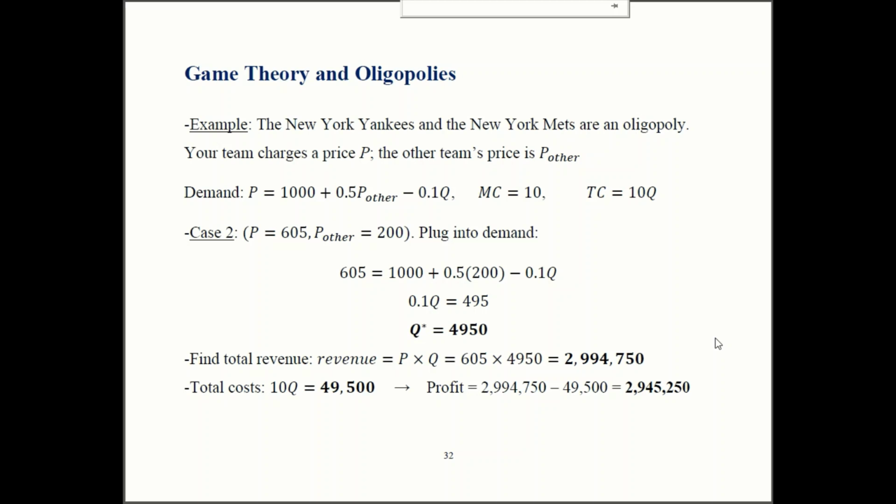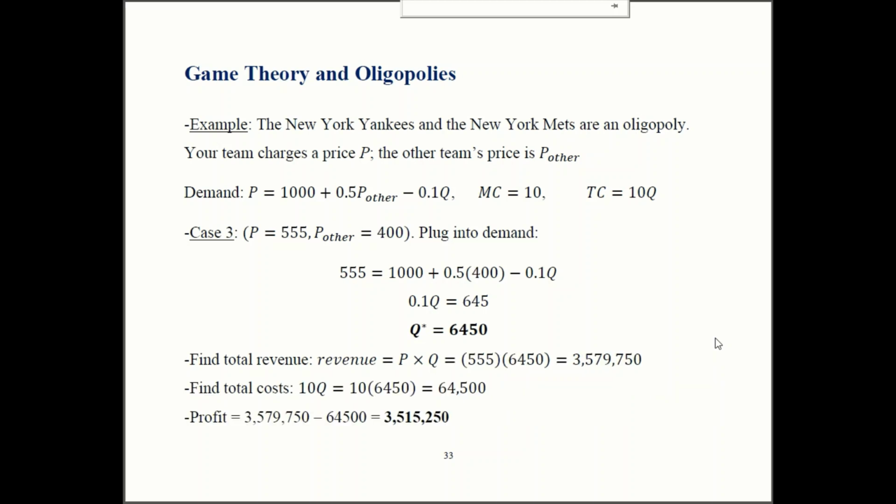So now I finished the first two cases. We'll look at case 3 now. So the other possibility is that we charge a price of 555 and the rival team is charging a price of 400. Same process. We're going to plug these numbers into the demand curve to find quantity.